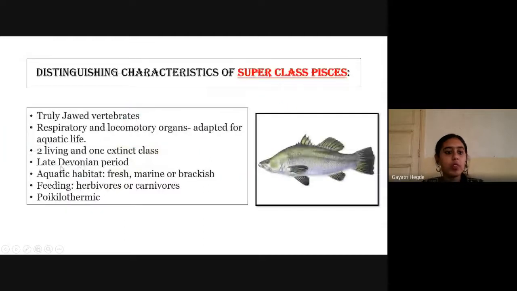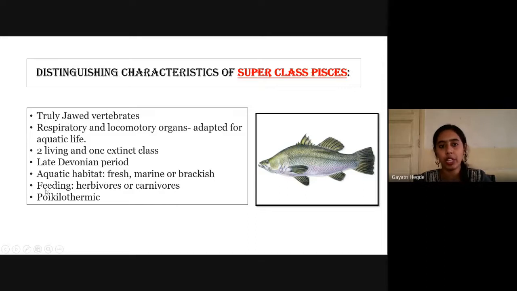Now these fishes originated in the late Devonian period, and their habitat is aquatic. When we say aquatic habitat, it could mean freshwater habitat, marine water habitat, or brackish water. Brackish water means a mixing of fresh and marine. Okay, the salinity range varies.